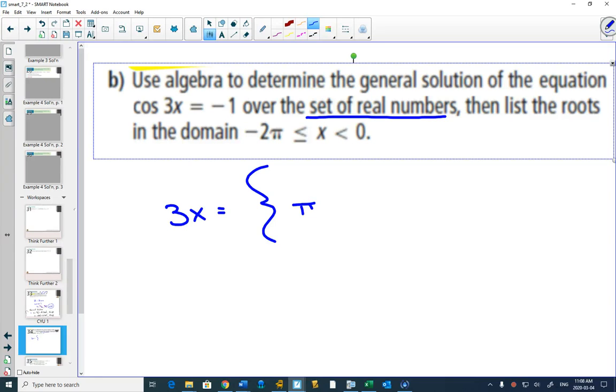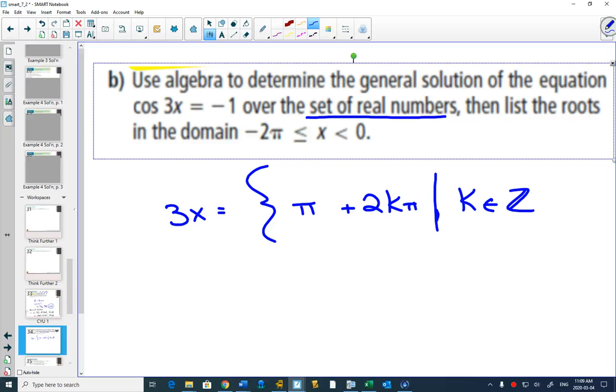Anywhere else? No. So you go pi plus 2k pi, where k is an integer. General solution, method 2: find your answer between 0 and 2 pi, and add 2k pi. Then that's your general solution for 3x.